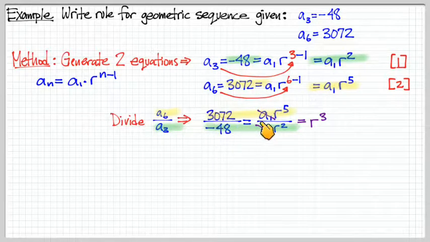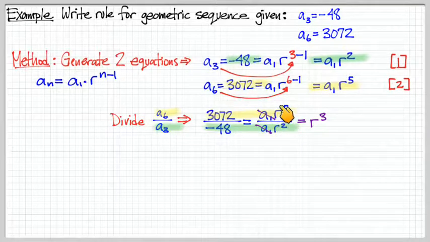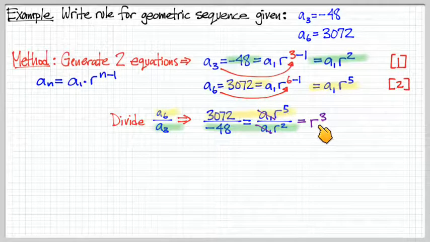And the cool thing is when we divide these two equations, the A_1 divided by A_1 cancel out, they reduce to 1, and so it gets rid of that variable, and we're left with the variable r, which we can then simplify to r cubed.